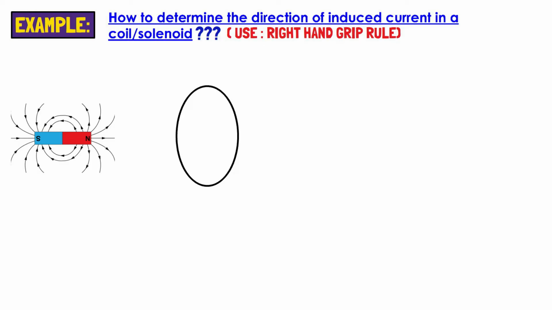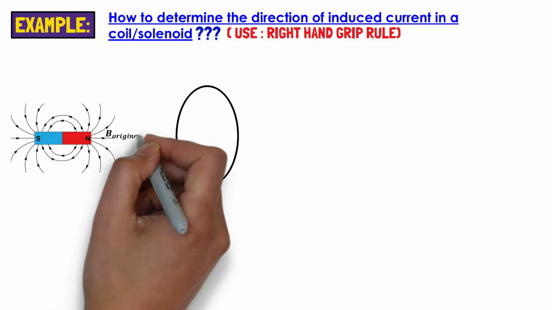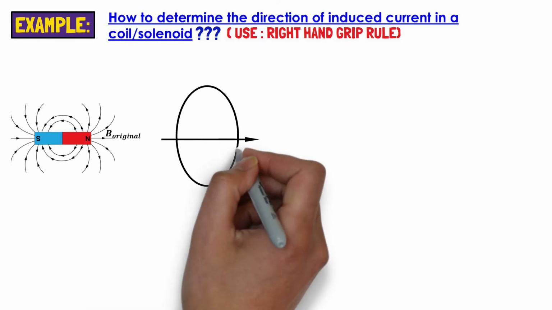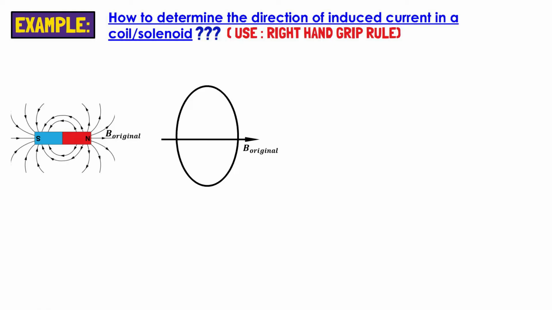In this case, based on this diagram, we can see that the red color represents the north pole, and always remember that the direction of the magnetic field comes out from the north pole. That's why the arrow of the original magnetic field is to the right, iaitu pointing outward from the north pole.